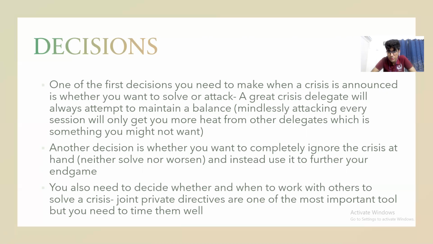So you need to solve some crisis as well, but then you can also attack it by probably framing other delegates, being aggressive in your directives, right? So worsening the directives, plotting and framing other people, sabotaging other people's work or other people's directives. All of that comes under attack.